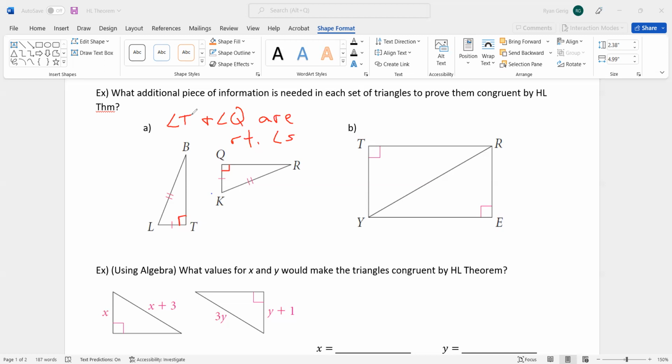Okay. B, we do have right angles on this one. What other thing do we need? Well, we have RY is congruent to itself. So those are actually the hypotenuses of those triangles. We need one leg, one set of legs.